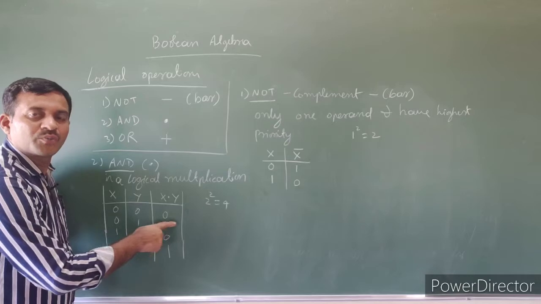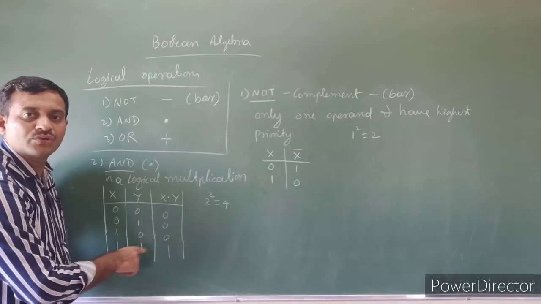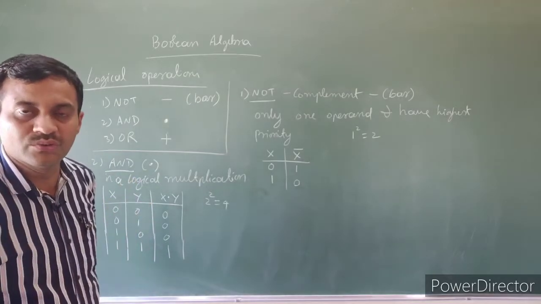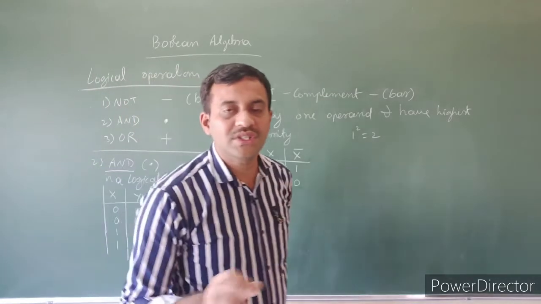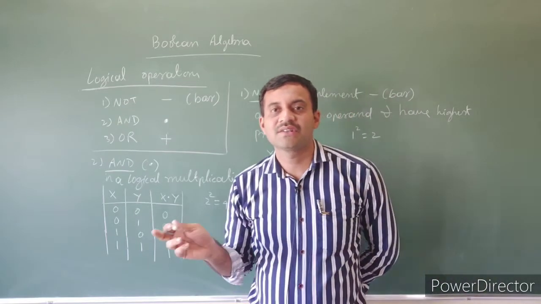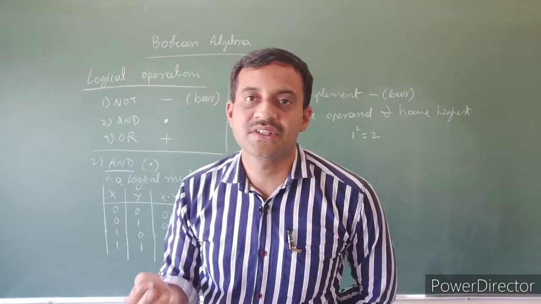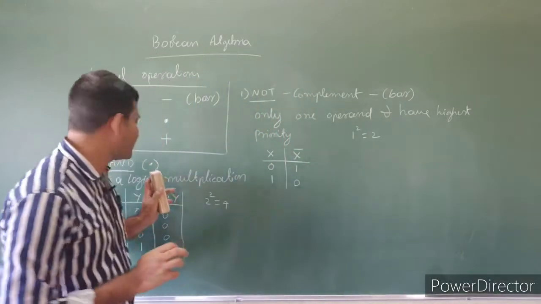False, true, the output is false. True, false, the output is false. True, true, only then it returns true. That is, if both the values are 1, then it returns 1. If any one of the values is 0, it returns 0. That is the working of AND.